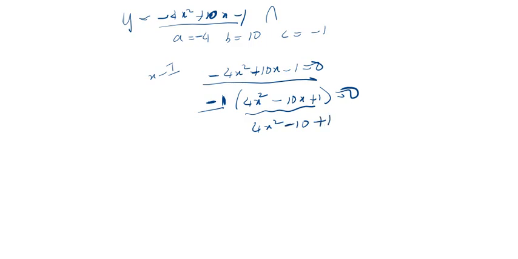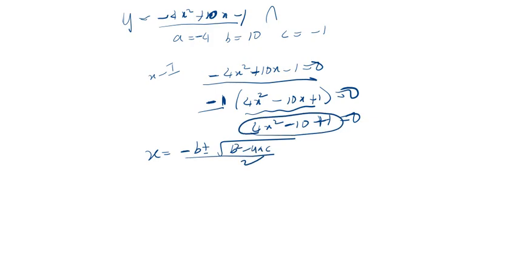And if you look at it, you have 4 times 1 is 4. You don't have your factors again, so you're still using your minus b plus or minus root of b squared minus 4ac divided by 2a for this bit. And if you look at b squared minus 4ac, here b squared is 100, 100 minus 4 times a times c. 4 ones are 4. A is 4, so 4 fours are 16. 16 times 1 is 16. So this is greater than 0, so we will get 2 coordinates.